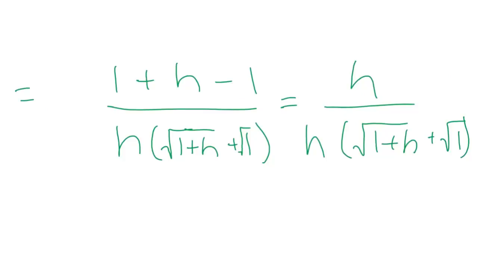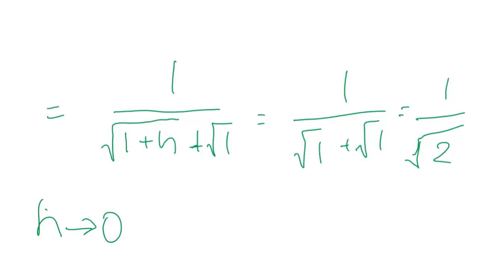This is then equivalent to 1 plus h minus 1 over h times square root of 1 plus h plus square root of 1, which is equal to h over h times square root of 1 plus h plus square root of 1. This gives us 1 over square root of 1 plus h plus square root of 1, which is equivalent to, as h approaches 0, 1 over the square root of 1 plus square root of 1, which is equal to 1 over square root of 2, which is our limit.